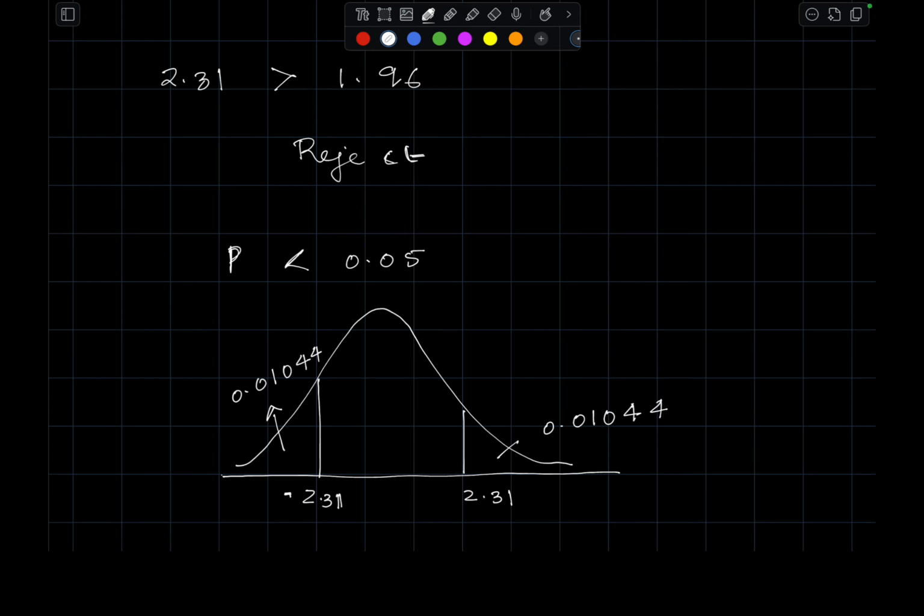And the acceptance range will have the area 1 minus 2 times the area which we had on both sides, right? So this area will be 0.9719112.